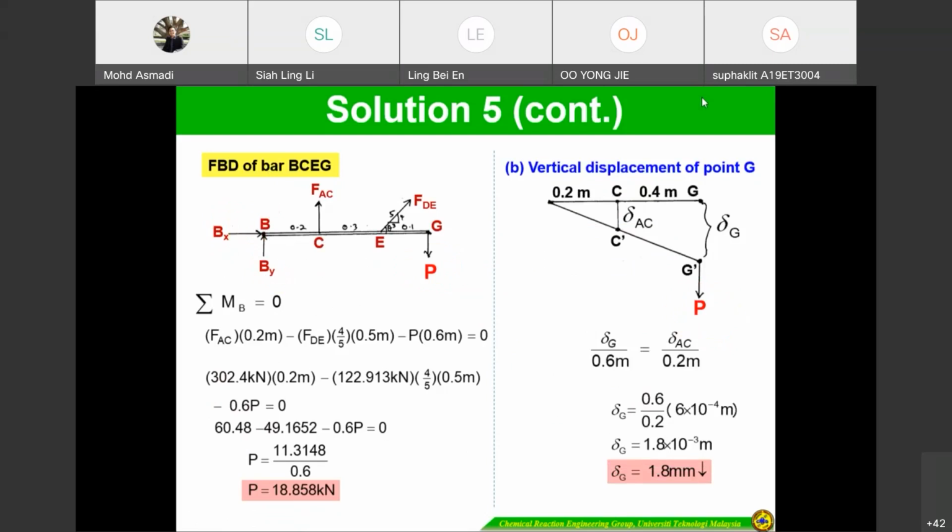Moment at point G is also possible, but you have to define By and Bx also. Any point is possible. It doesn't matter.